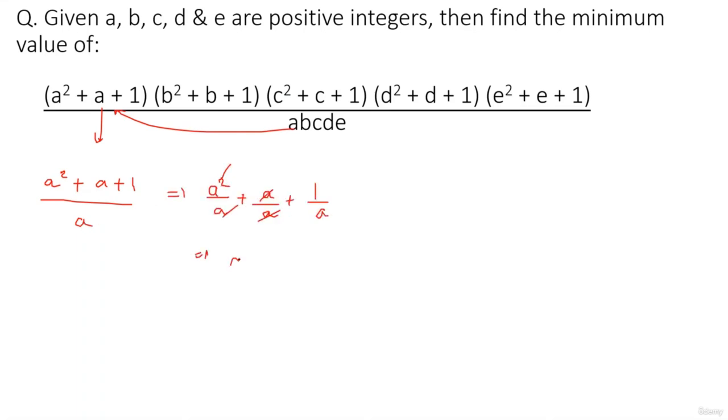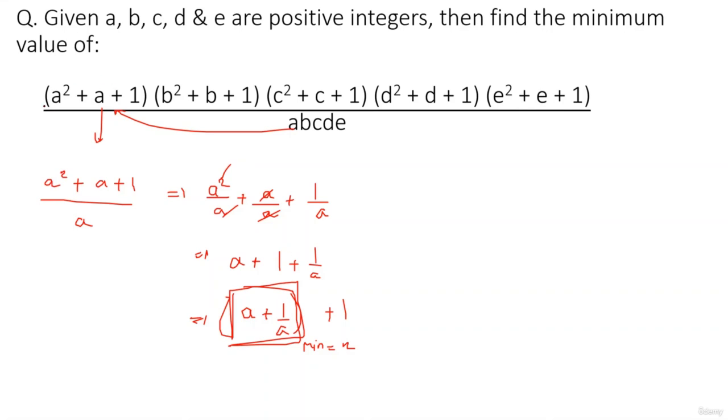You will simply get a plus 1 upon a plus 1. This is of the form x plus 1 upon x. Just now we saw x plus 1 upon x has a minimum value equal to 2. That happens when x is equal to 1. So at a equal to 1, this will have minimum value 2.